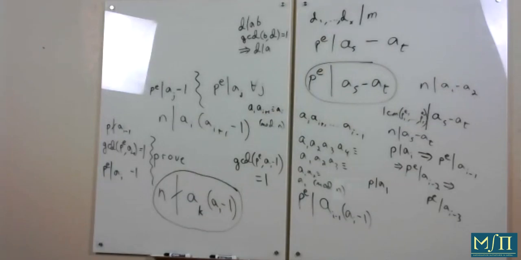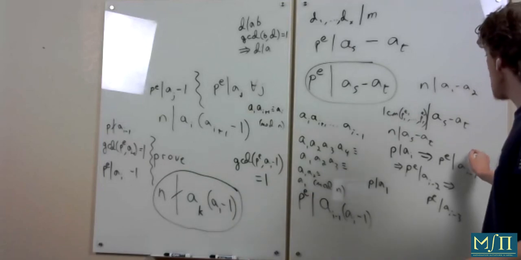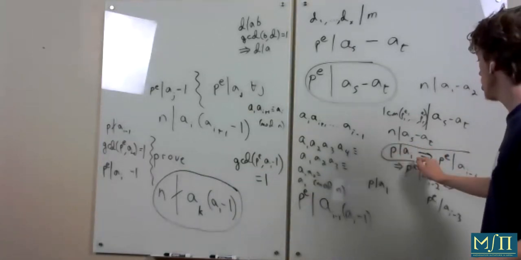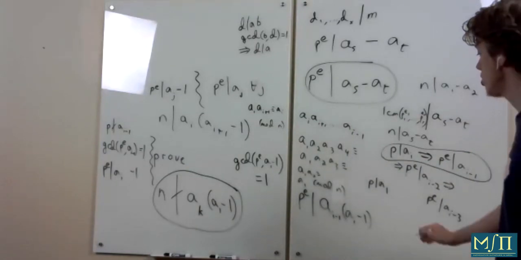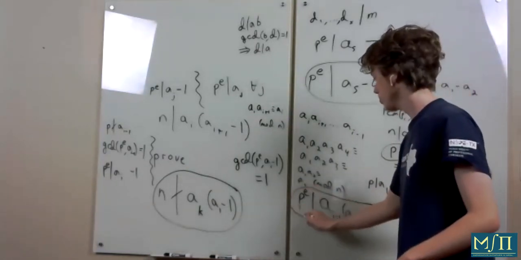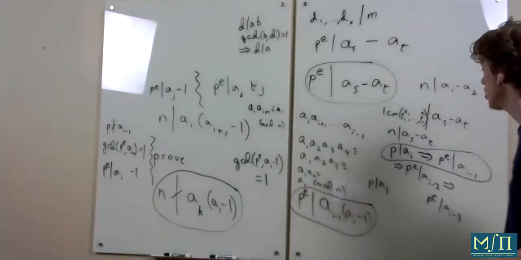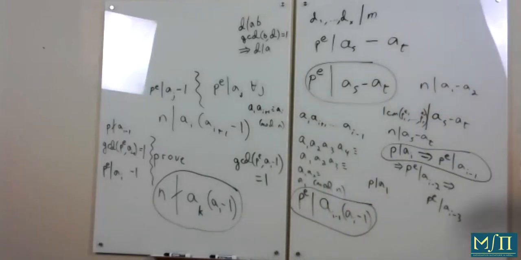In one case, it divides at least one of the numbers, and you do this logic to get that p divides a_i implies p to the e divides a_i minus 1, by looking at this expression, because you don't get any factors of p in here. Then you use this to get that p to the e divides all the numbers in the case when p divides any of them.